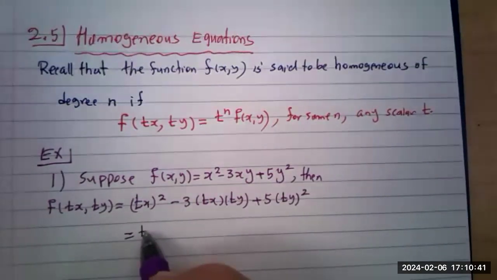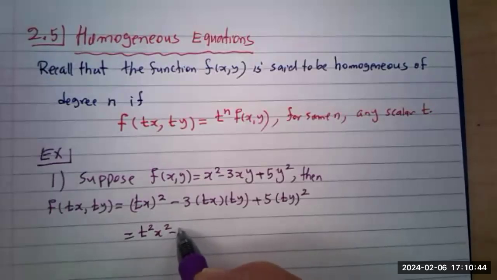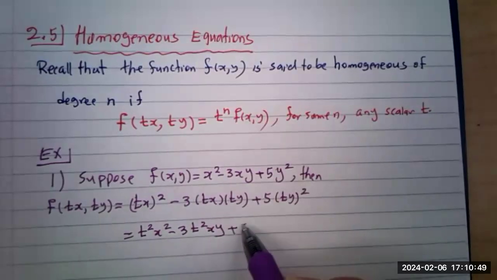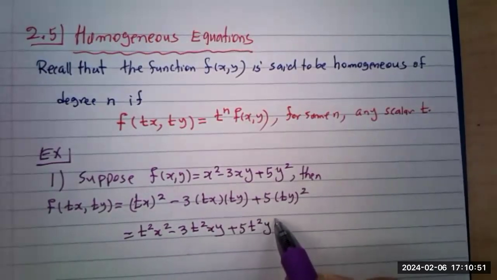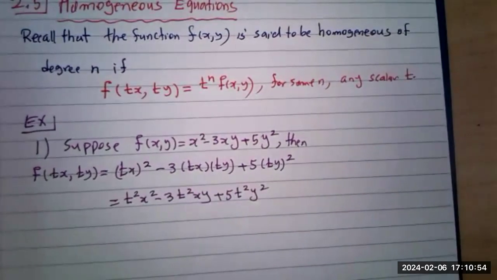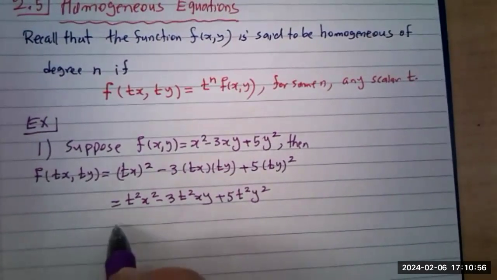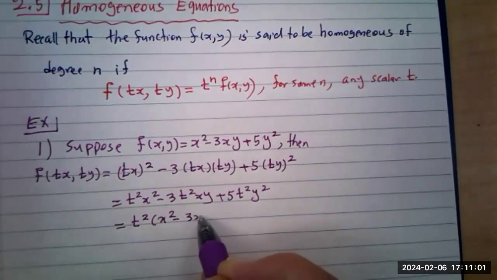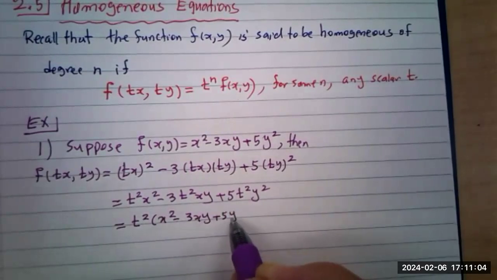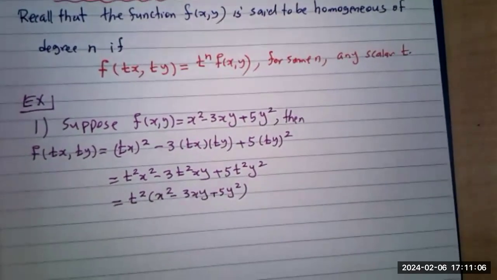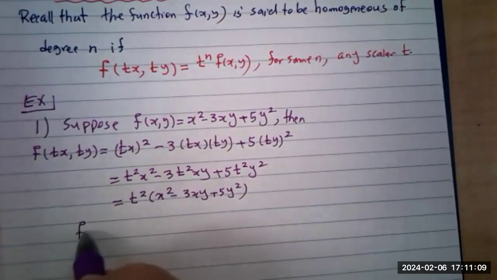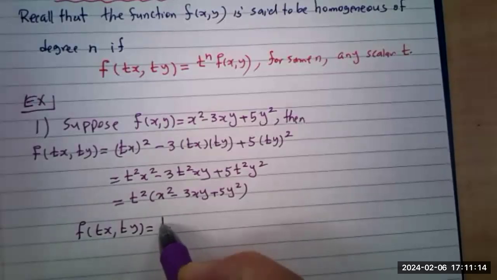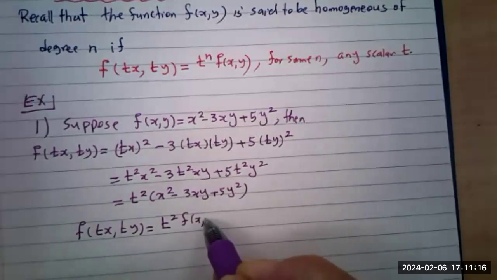So that gives you t squared x squared, minus 3t squared xy, plus 5t squared y squared. Quickly, you can pull out the t squared as a factor. That gives x squared minus 3xy plus 5y squared, which is the original function. So we prove that f of tx, ty is equal to t squared f of x y.